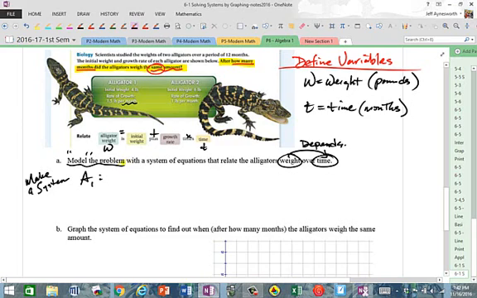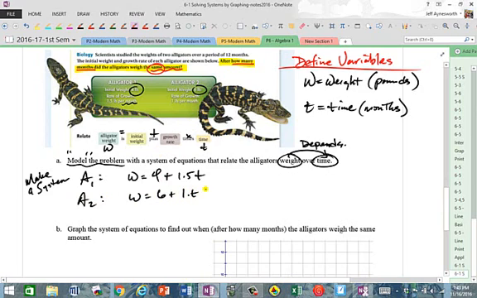So W for the weight is equal to 4 pounds plus the growth rate, 1.5 pounds per month, so 1.5 pounds times the number of months, which is T. For alligator 2, his weight is 6 pounds plus 1 pound per month, so 1 times T, or 1T.